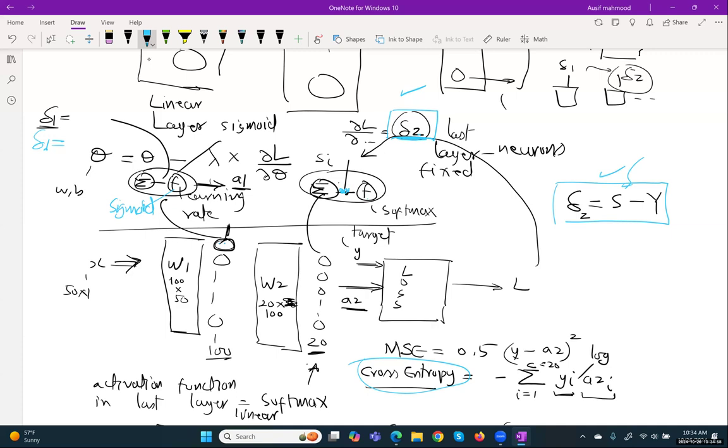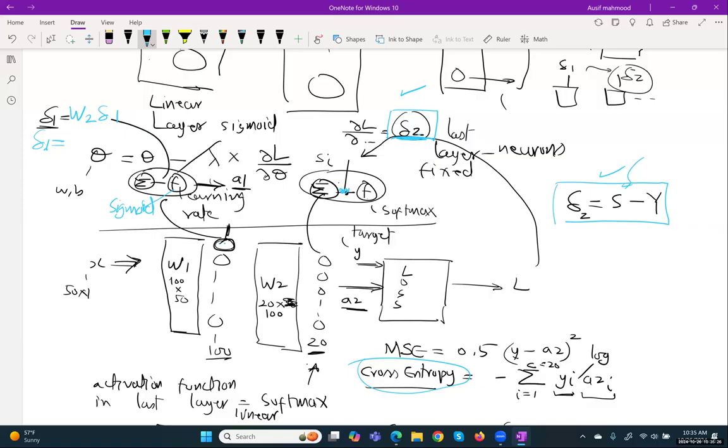If there was no sigmoid, what's the relationship of delta 1 with delta 2? What's the weight matrix that's connecting the two? W2. So it has to be W2 times delta 2, right?